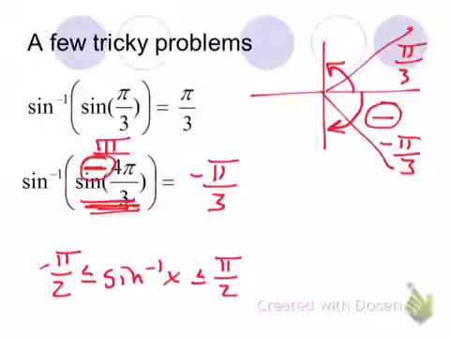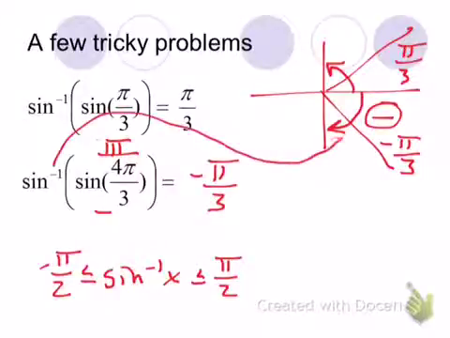First quadrant if it's positive, fourth quadrant if it's negative. So when we're dealing with this third quadrant angle, sine of 4 pi over 3, that's third quadrant, where the sine is negative. So the answer's going to be negative. The answer has to go to the fourth quadrant because that's where the sine is negative.